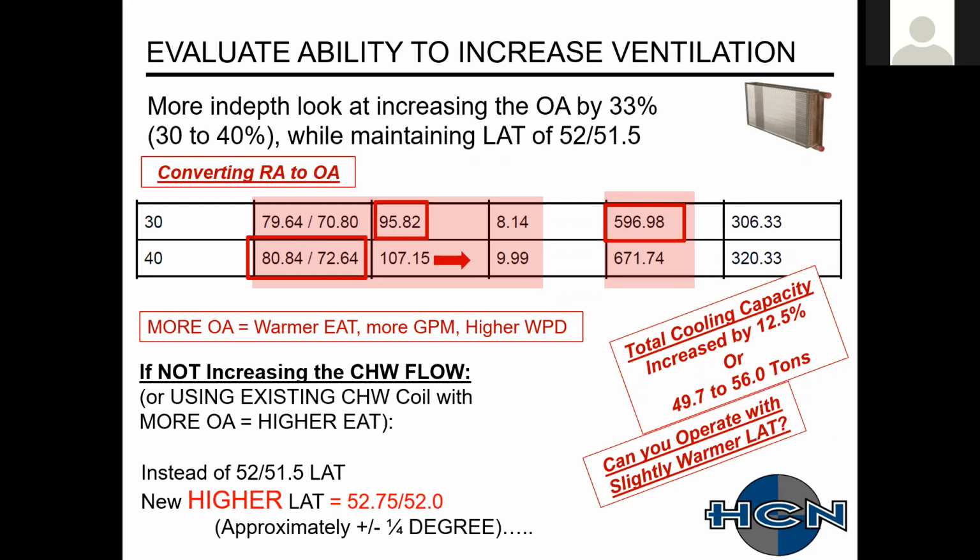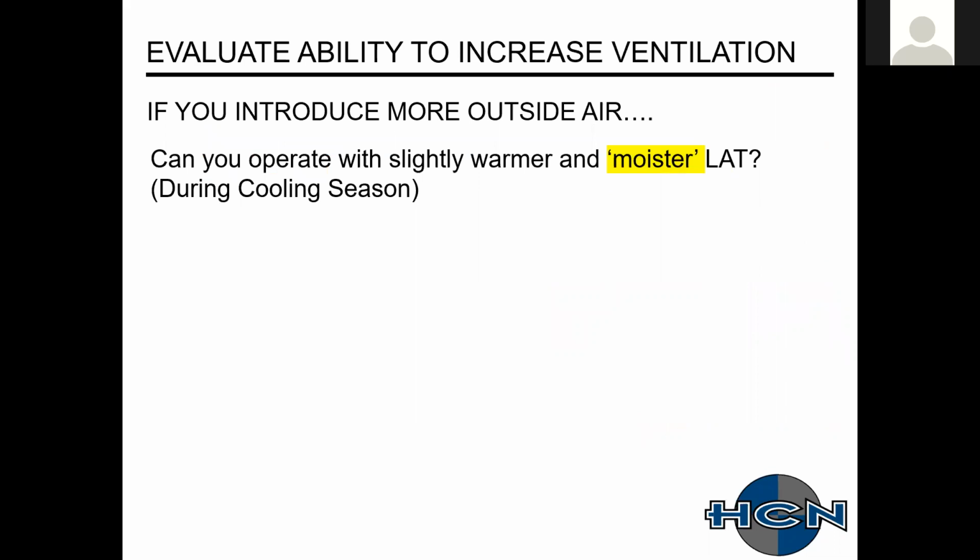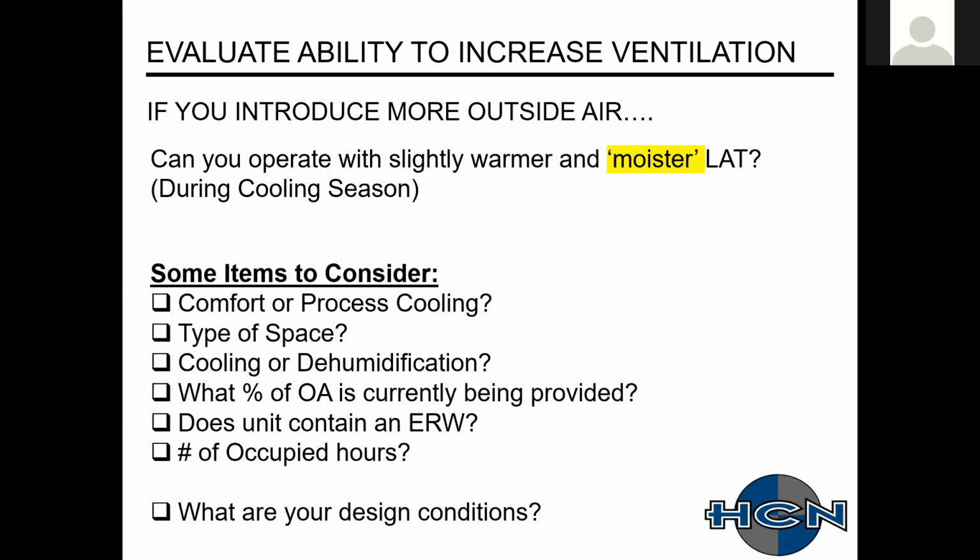So what would happen? Can you operate with a slightly warmer leaving air temperature? As we have introduced more outside air, as expected, can you operate with a slightly warmer as well as moister leaving air? And this, once again, is during the cooling season. So some items to consider that you would have to evaluate: is this comfort or process cooling? What type of space is it serving? Is the cooling for dehumidification purposes?